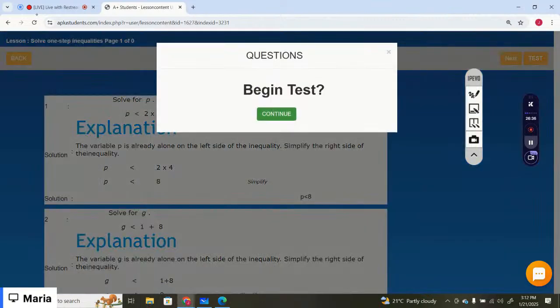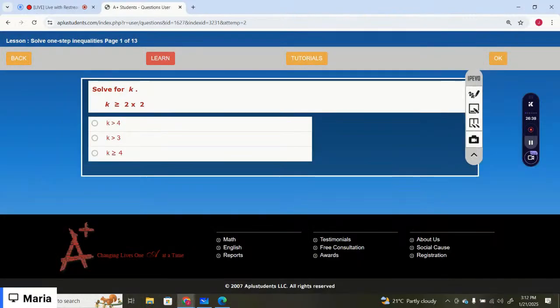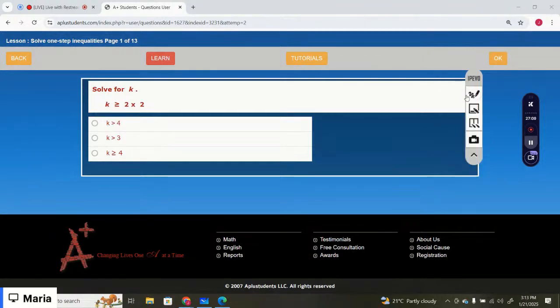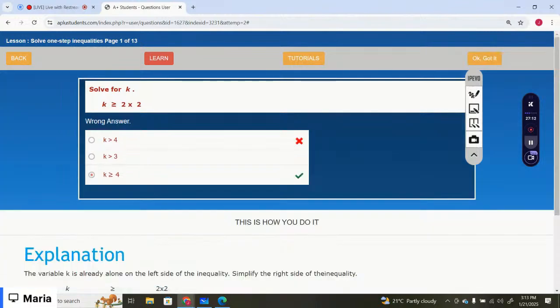Let's just start with the test questions. k is already isolated. You have to do 2 times 2. So 2 times 2 is 4, so k is greater than 4. Option number 1 is the correct option. Greater than or equal to 4.